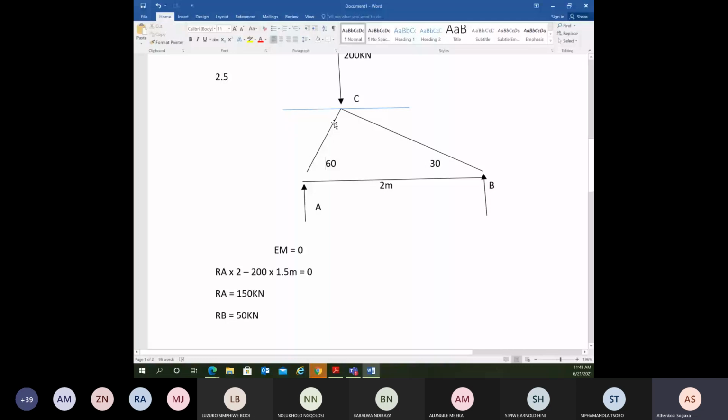Isn't that so? The vertical here at C will be positive. The vertical at A when compressing will be negative. Oh, so it's like a strut.